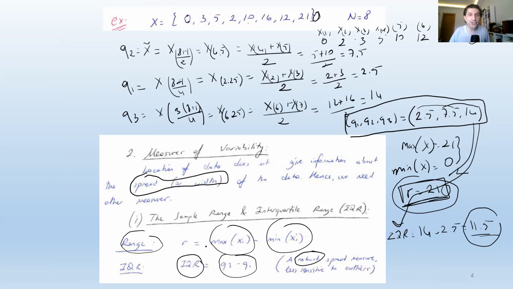Both give information. We may like our measure to be sensitive to outliers, or we may not, so usually both of these measures are reported.